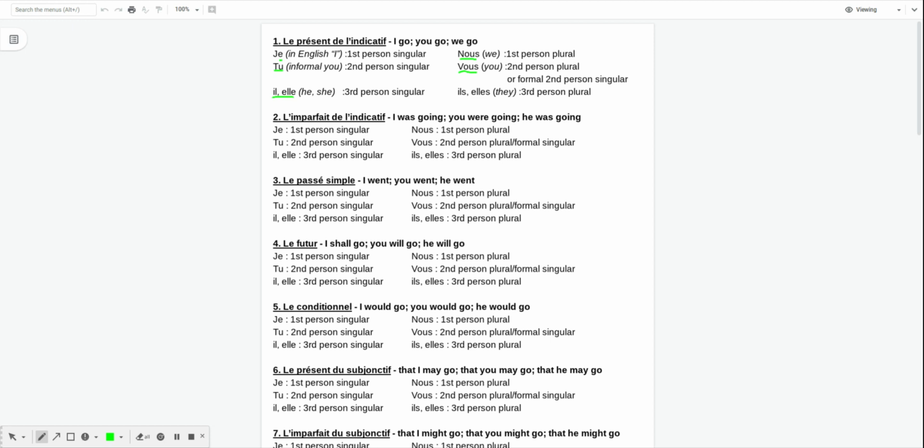So in either case, you use the same verb form endings, and then ils and elles, plural third person. So each of these are represented for all seven of the simple tenses. As you can see, 2, 3, 4, 5, 6, 7 following.